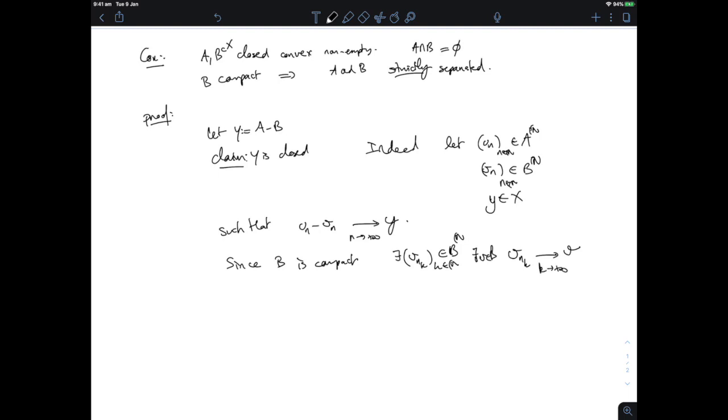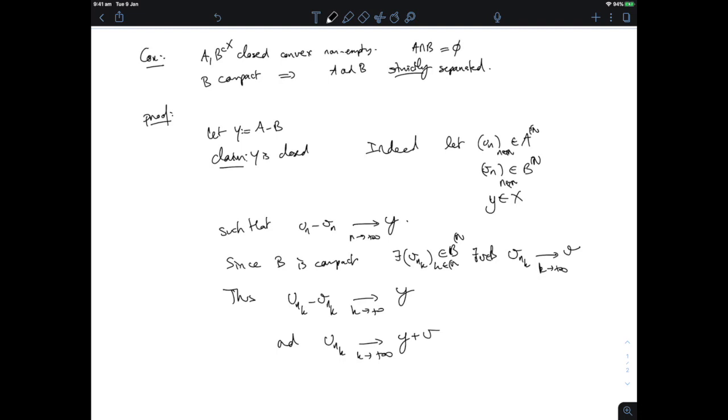But u_n minus v_n goes to y, so u_{n_k} minus v_{n_k} has to go to y, and v_{n_k} converges to v, so u_{n_k} has to converge to y plus v as k goes to infinity.